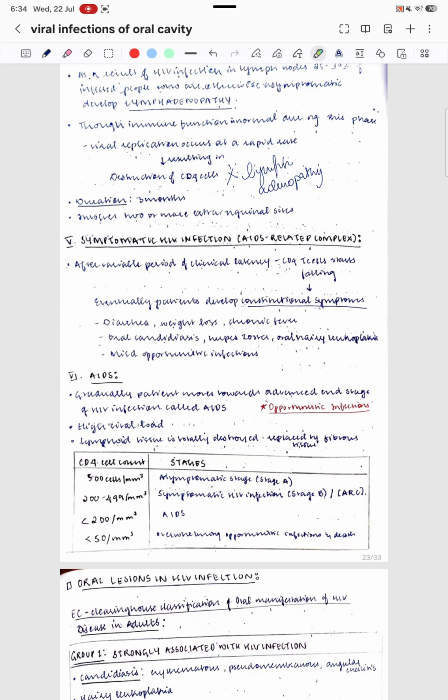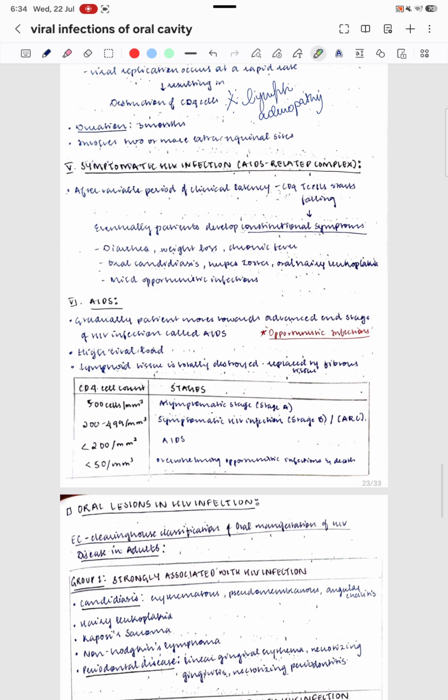Now coming to the symptomatic HIV. After a variable period of clinical latency, see here also I have written a variable period of clinical latency, the patient eventually develops constitutional symptoms.